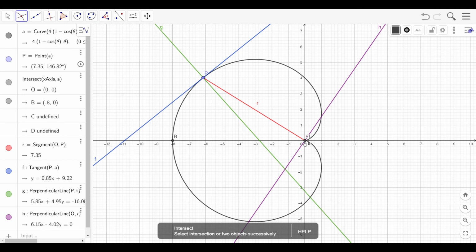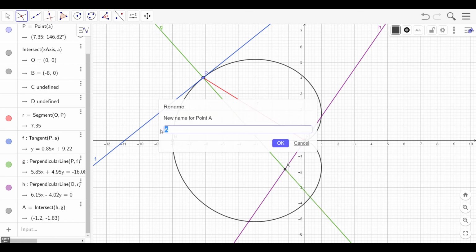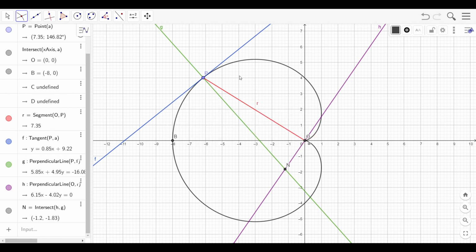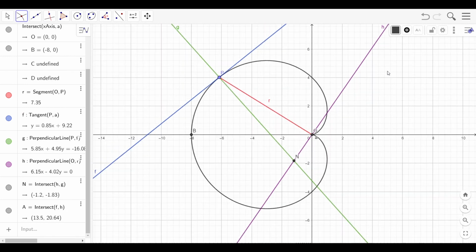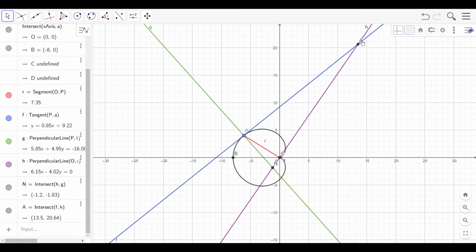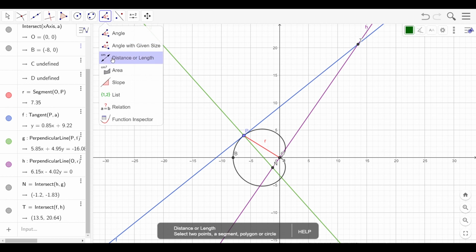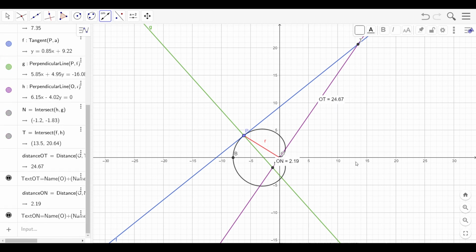So this is N. And you intersect the tangent with this line, and rename that as T. Then this is the polar subtangent OT, and this is the polar subnormal ON at the point P. So you measure that distance. OT is 24.67 and ON is 2.19.